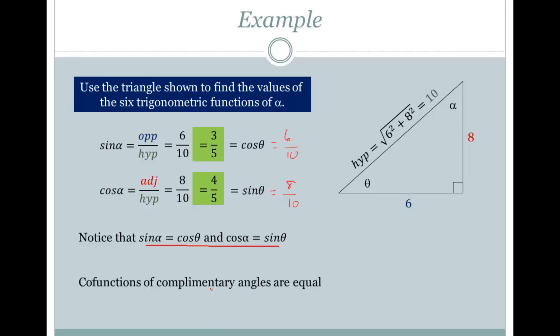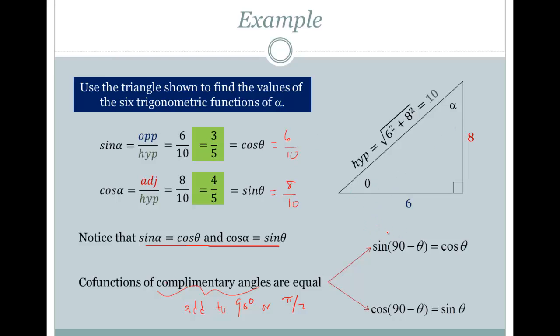Remember, complementary angles add up to 90 degrees, or pi over 2. So sine of 90 minus theta is equal to cosine of theta, and cosine of 90 minus theta is equal to sine of theta. And remember, for a right triangle, the sum of the three angles is equal to 180, and that's how we can relate these.